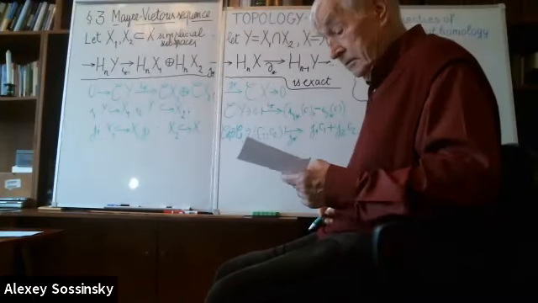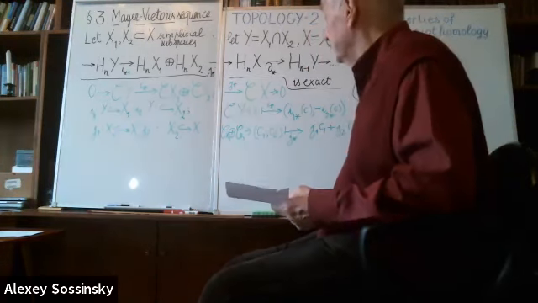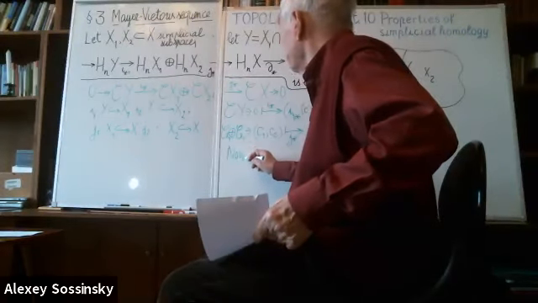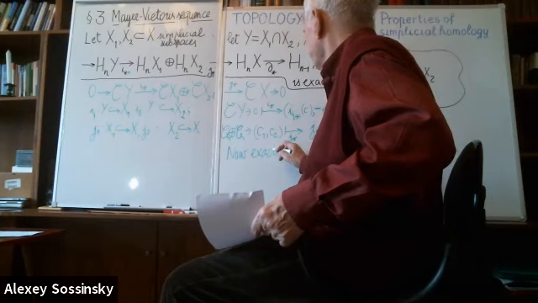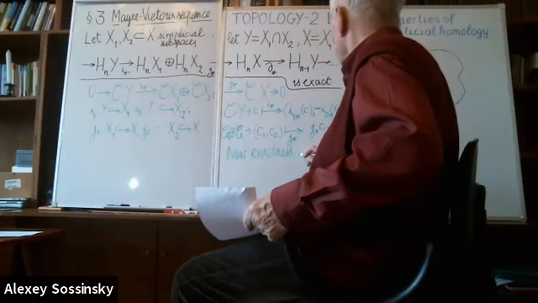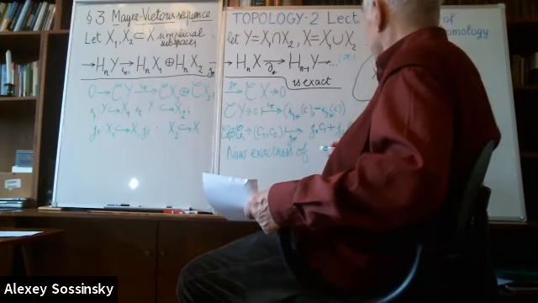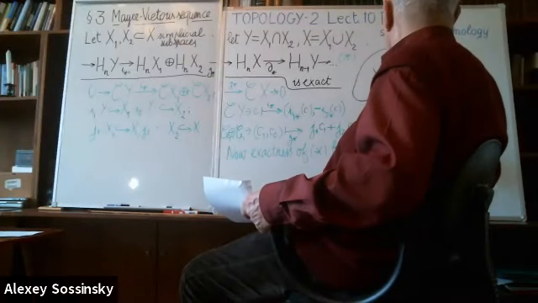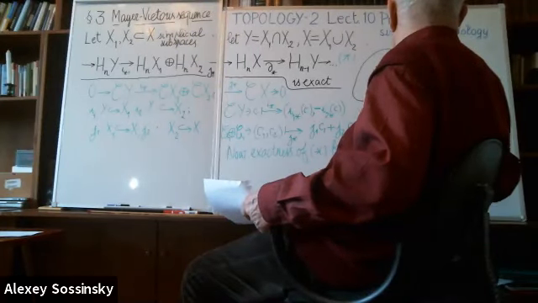Now, all that remains to be done is to apply exactness of the sequence. Let's denote it by star. It follows from the short to long exact lemma.